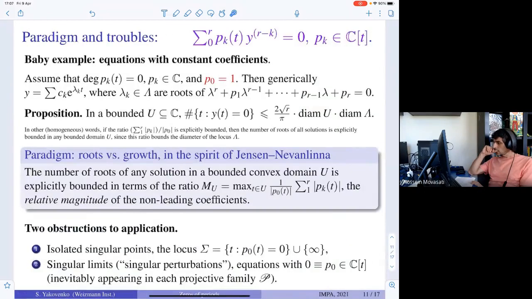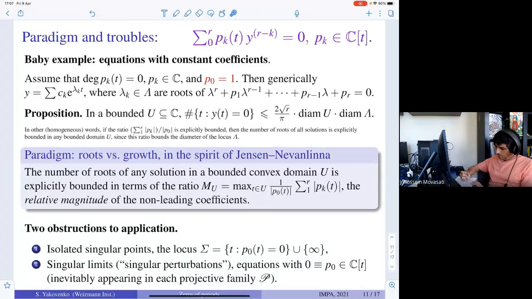And now we want to develop a paradigm, or to study results of the form: if you know a high order differential equation, can you say something about the number of isolated roots of its solution?